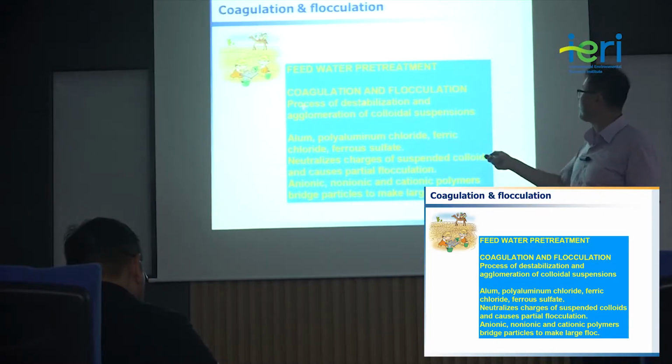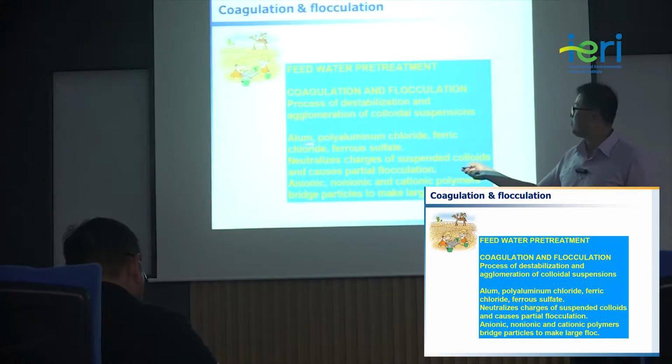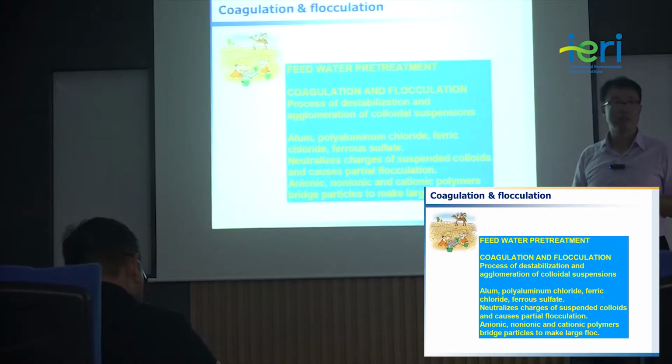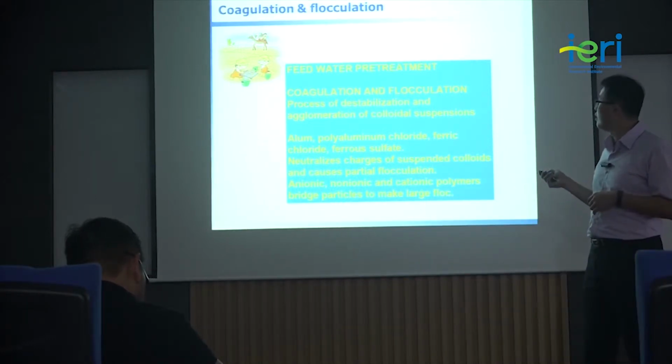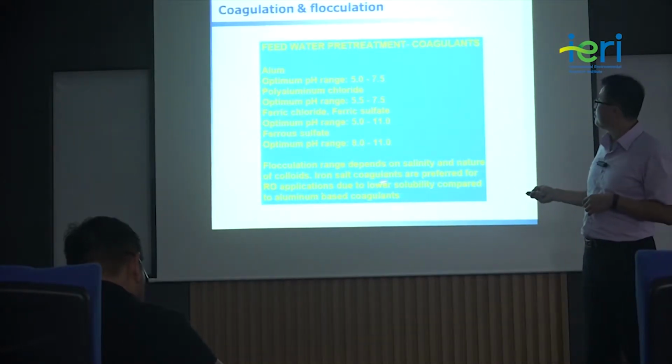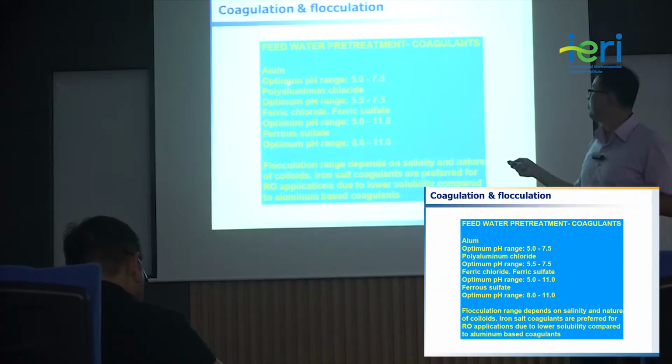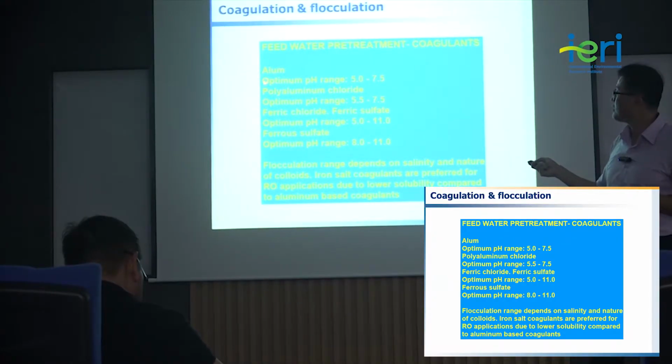So let's talk about coagulation first. For coagulation, you can use alum, which is an aluminum-based coagulant, or ferric chloride, which is an iron-based coagulant. This shows the optimum pH range for each coagulant.